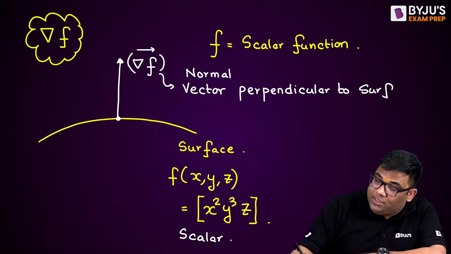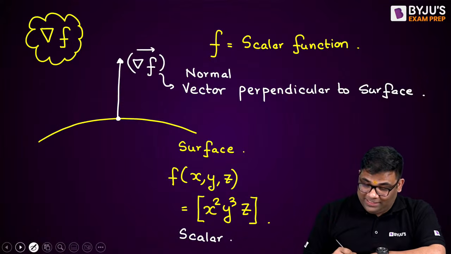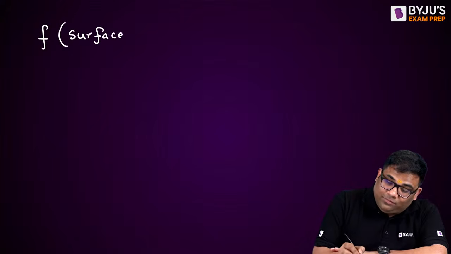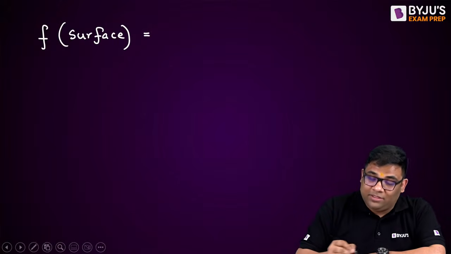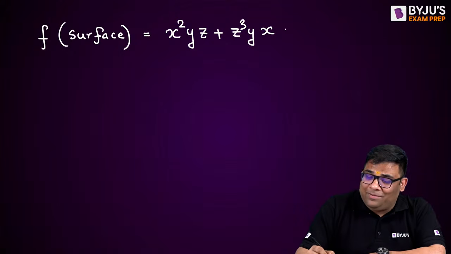So what happens in the examination? They might give you this question. They will give that there is a surface f equal to, suppose, x square y z plus z cube y x plus y cube, something like this.